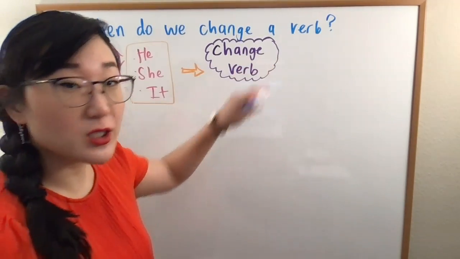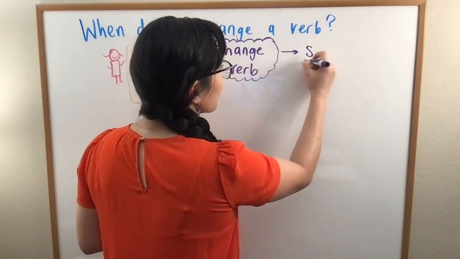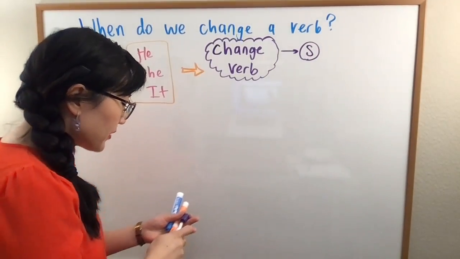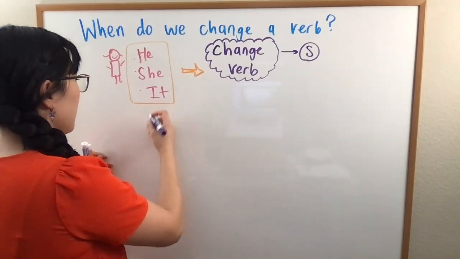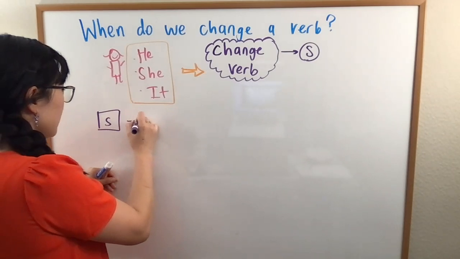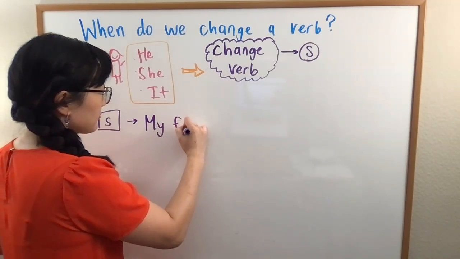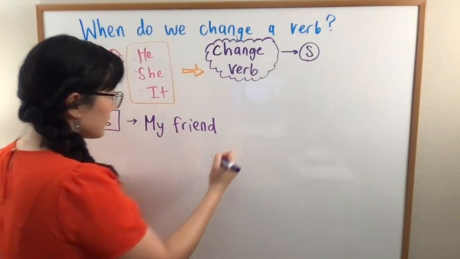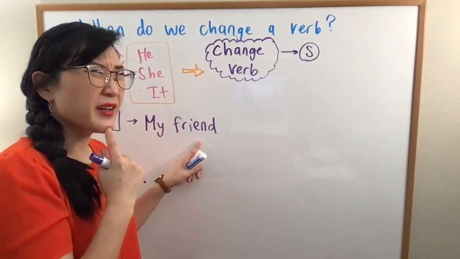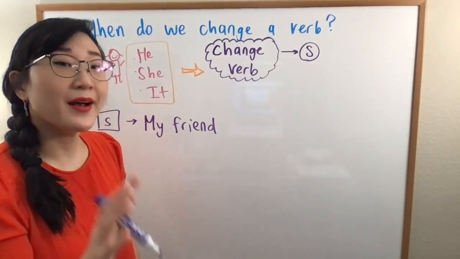So, when you change this verb, the first option is just with a regular S. For example, let's say with S endings, let's say my friend. But teacher, my friend, I don't know if it's a man or a woman.